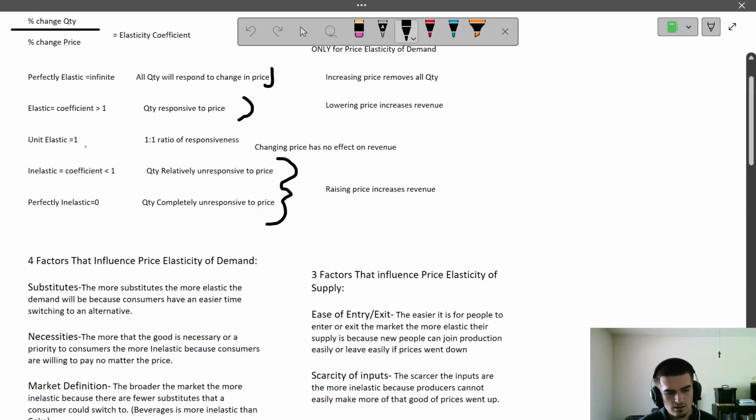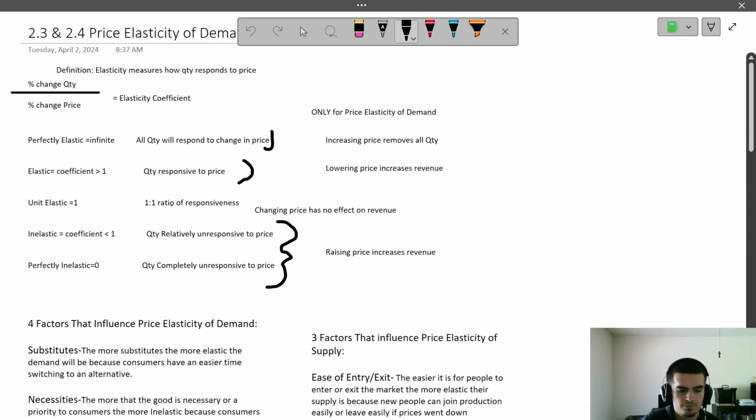So if your elasticity coefficient is greater than 1, then it's going to be elastic, and if it's less than 1, it's inelastic. Well, what does that mean? Elastic means that your quantity is going to be responsive to your price.